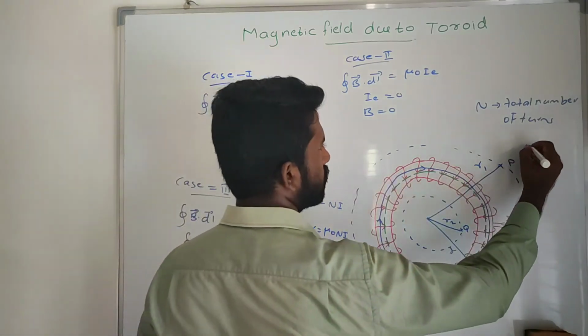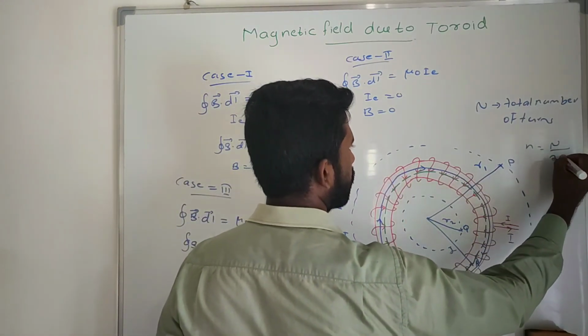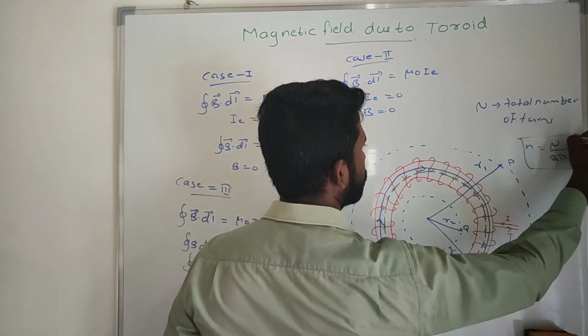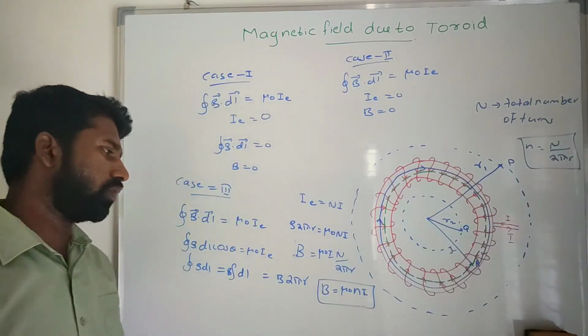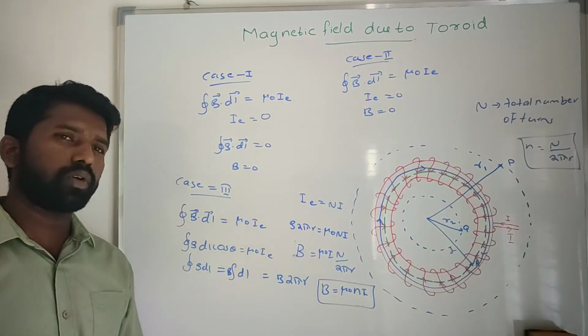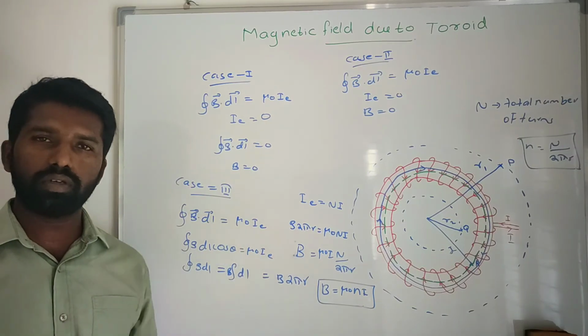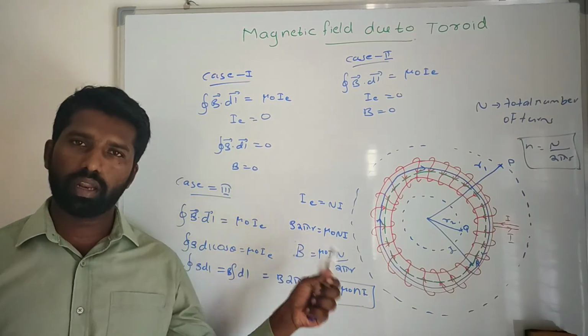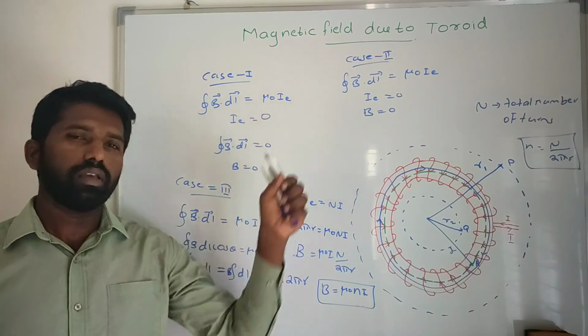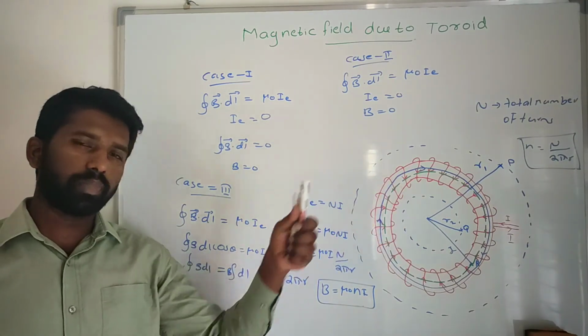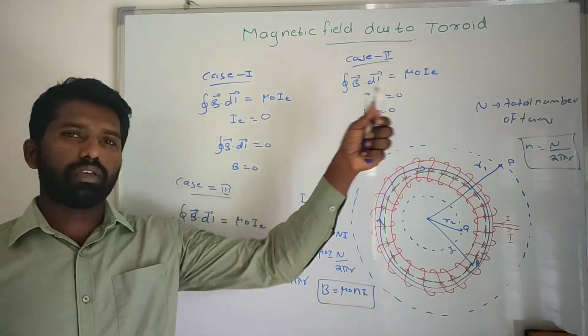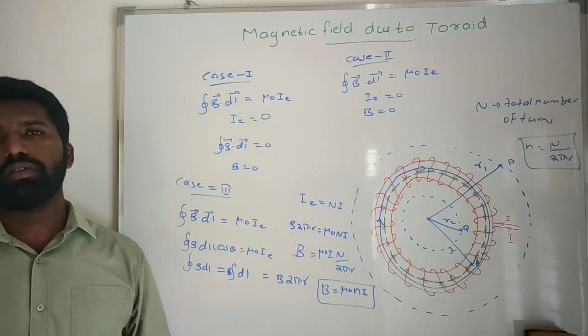Small letter n is equal to capital N divided by 2 pi r, the number of turns per unit length. So the magnetic field produced by a toroid is mu 0 n I. That is only inside the toroid. In the open space the magnetic field is 0, and exterior to the toroid the magnetic field is 0. Clear?